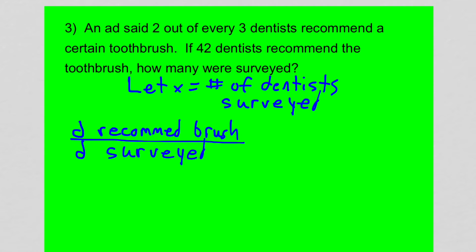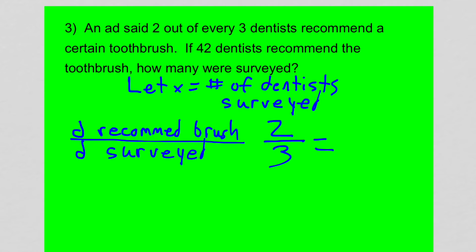So maybe a little bit trickier to get the comparison out of this one. Okay, well, do we have a ratio in this problem that compares dentists who recommend the toothbrush to dentists surveyed? Well, I see 2 out of every 3 dentists recommend the toothbrush. So the 2 is the recommending out of every 3 surveyed. Now be careful here.